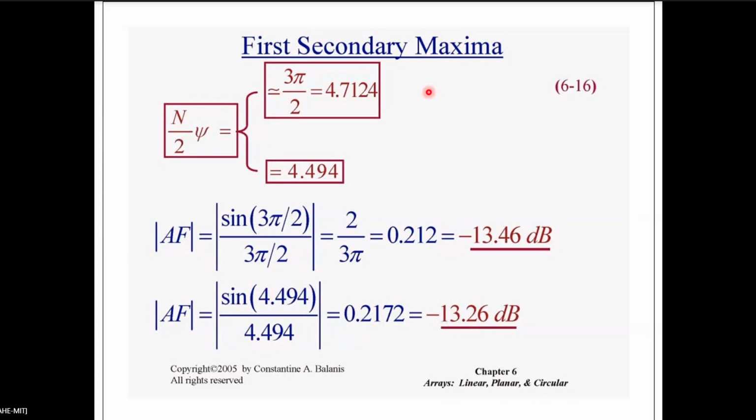You may be asked to prove this in the exam. In the exam you will be asked a question: show that the first side lobe level is minus 13.46 dB down compared to the main lobe maxima. This is a very important question, asked again and again. So you know how to get this.